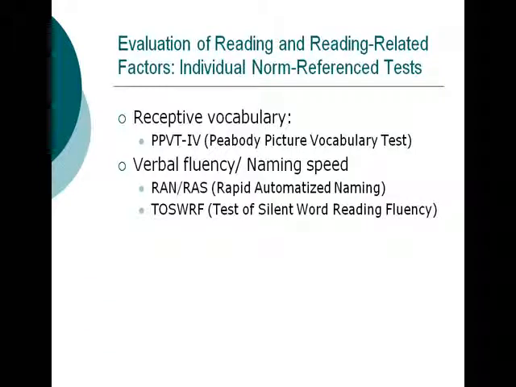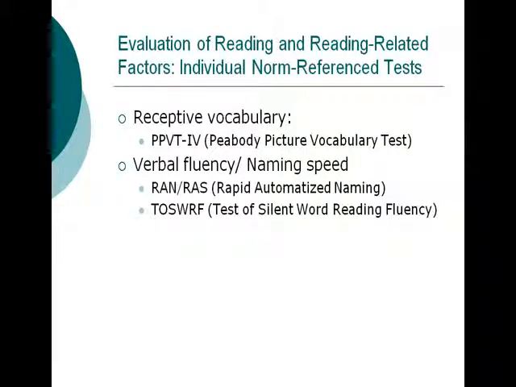Okay. And then the test of silent word reading fluency is really interesting because it tests silent fluency. It tests how fast kids can read silently, single words. Most of the fluency tests that we've had so far have been where they have to read out loud and you time them, like with the CBA or with the QRI or running record.